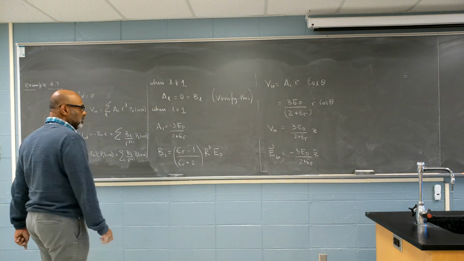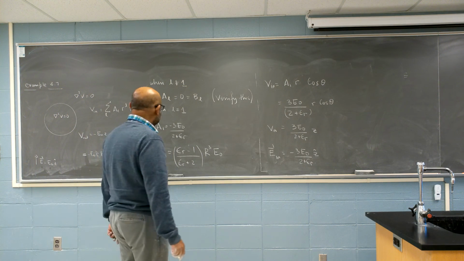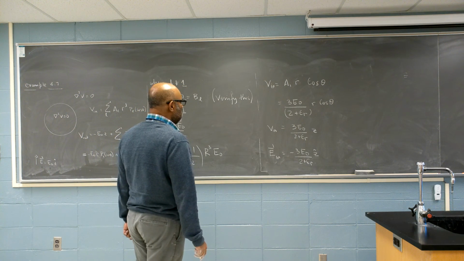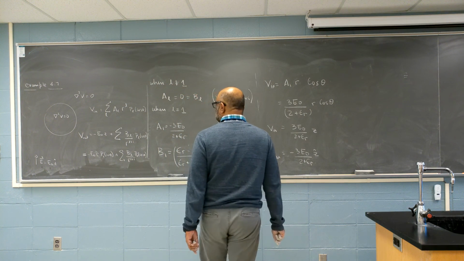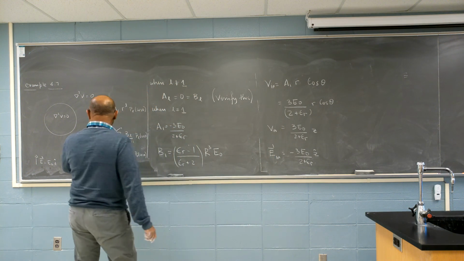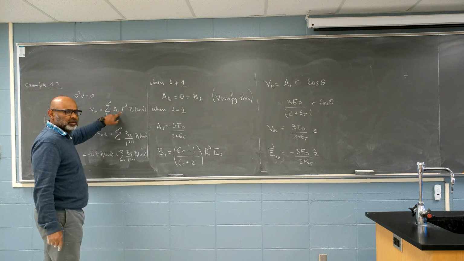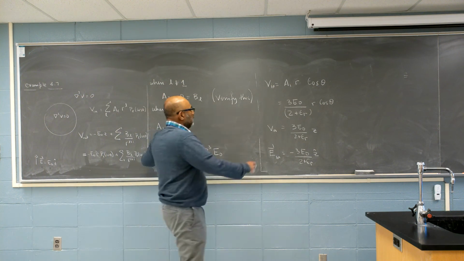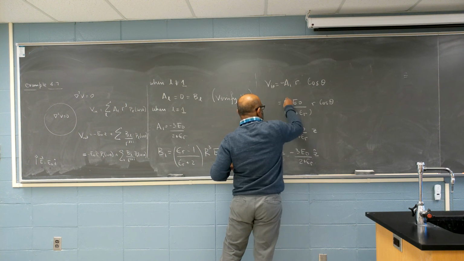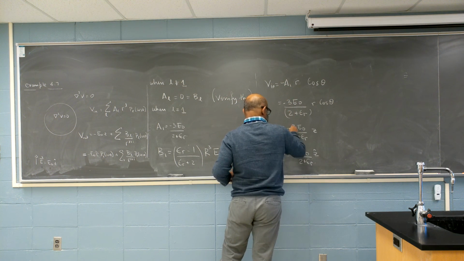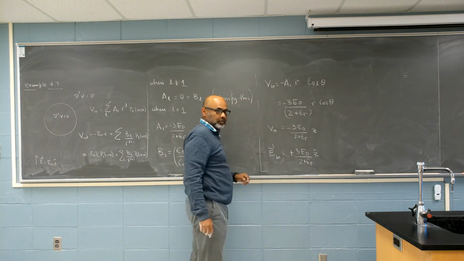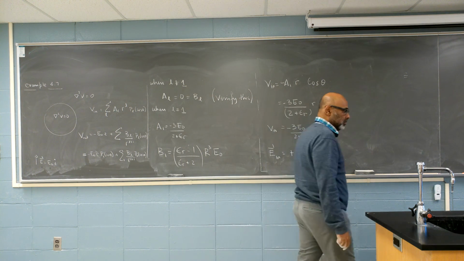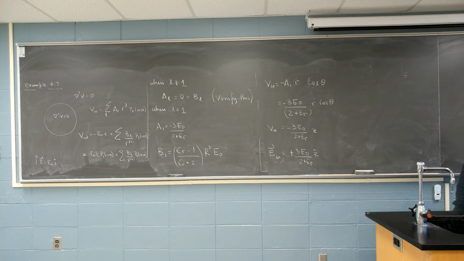Do we drop a negative? No, this is the inside. Oh, A1 had a negative. Yep, you're correct. Let me make sure: 3 E0 over 2 plus the dielectric constant.